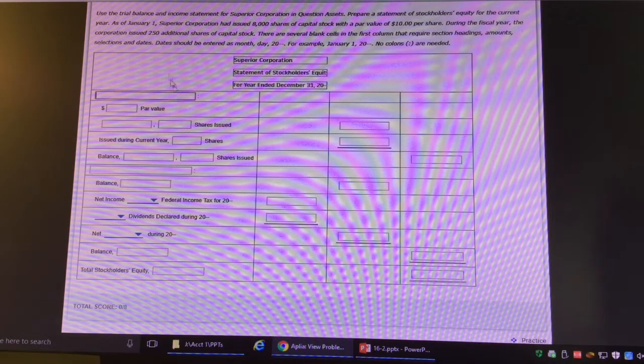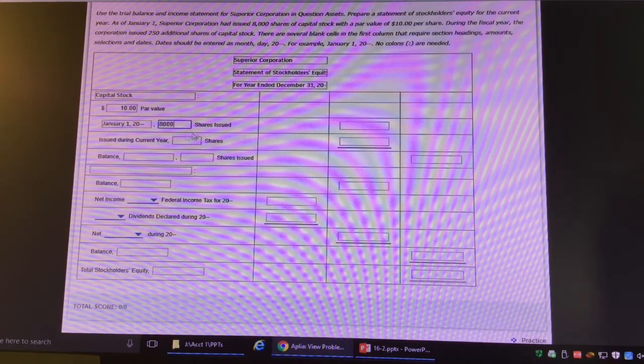The first portion we're going to complete is the capital stock. The par value that's provided for us is $10. On January 1st, the company issued 8,000 shares.